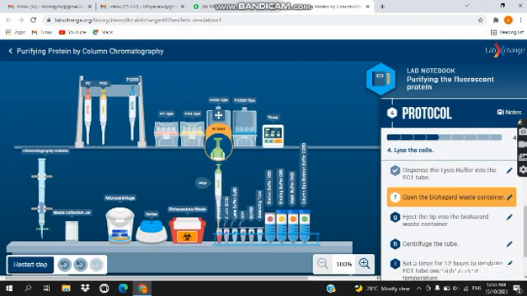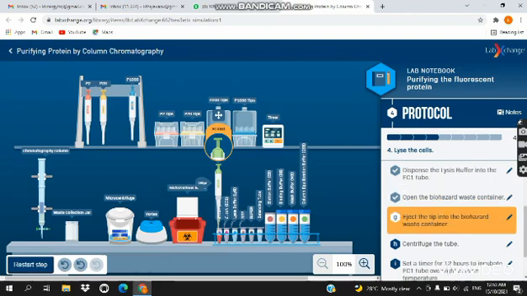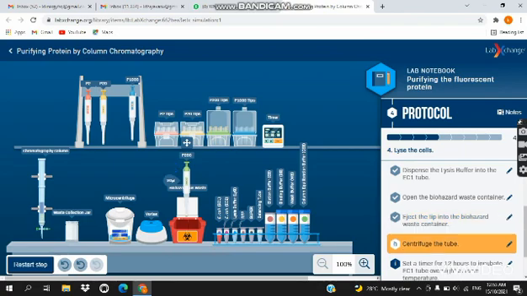After that, open the biohazard waste as usual and eject the tips to the biohazard waste container. And then centrifuge.